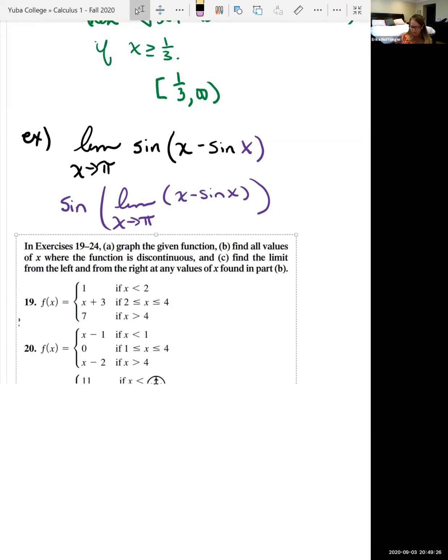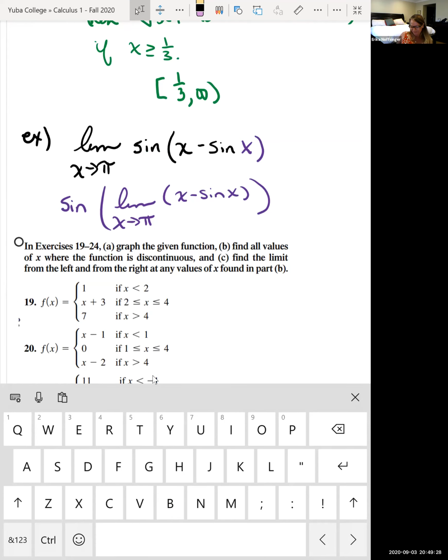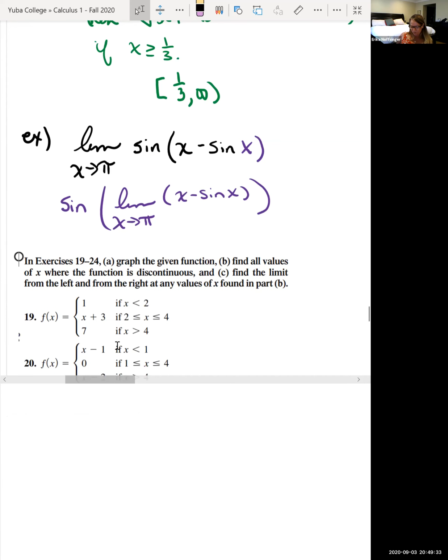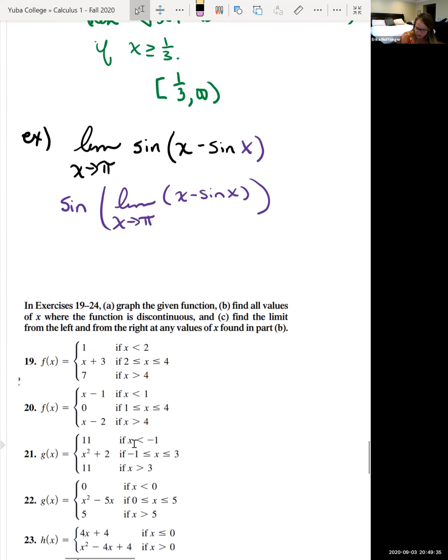Plugging in pi here, we actually probably could have just plugged in pi wherever we saw x. Could have saved us a little bit of time, but let's just do it now. So we have sine of pi minus sine of pi.